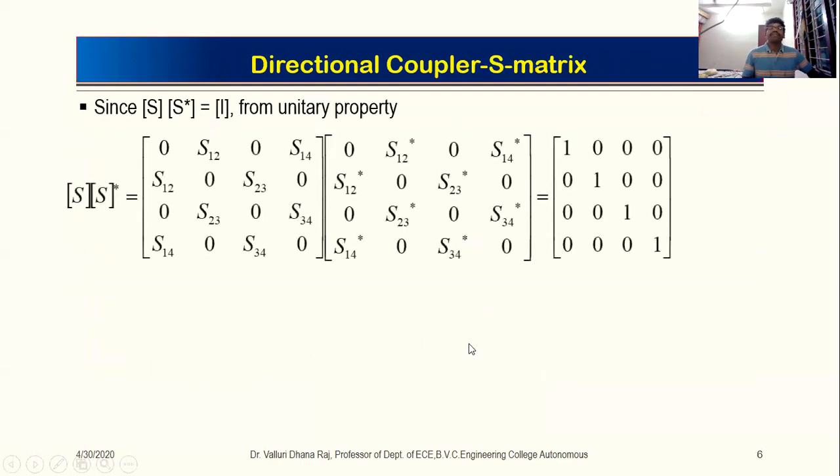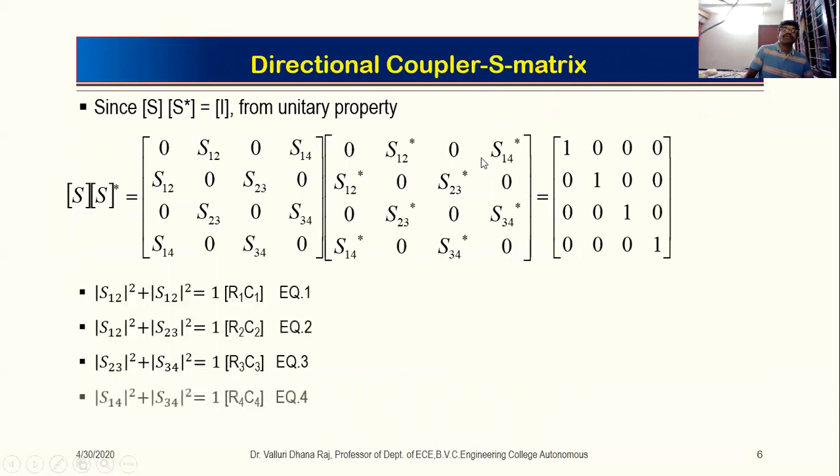Further, we can apply the properties of the scattering matrix for evaluating individual parameters. So I'm considering the unitary property of the scattering matrix, meaning multiplying the scattering matrix with its complex conjugate and equating it to the unit matrix. This is R1 and this is the C1 column.